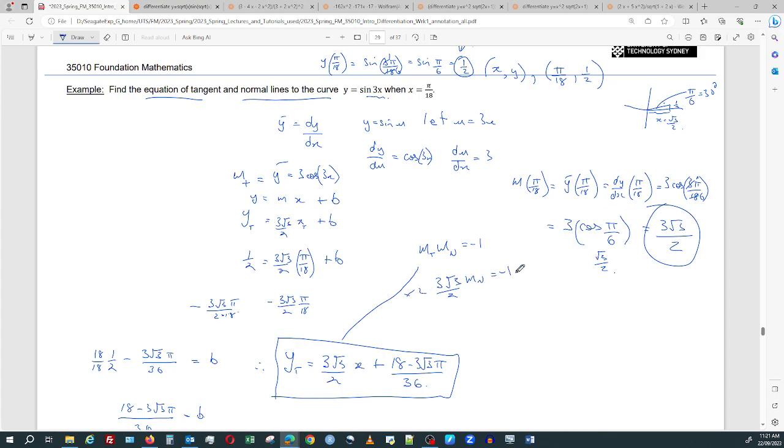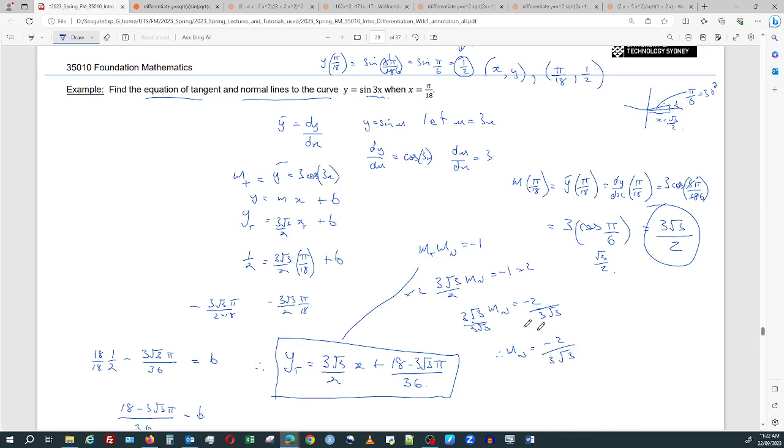So times by 2, 3 root 3 m normal is equal to minus 2. Divide by 3, divide by 3, root 3, root 3. So therefore m normal is minus 2 on 3 root 3.